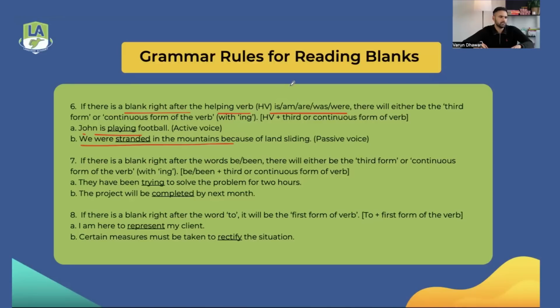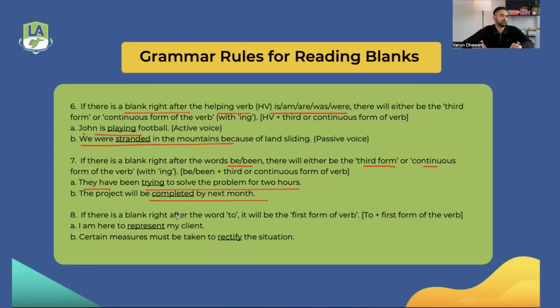Likewise, if there is a blank right after be or been, it will be either the ed form or ing form. They have been trying to solve the problem. The project will be completed, not be complete, by next month.